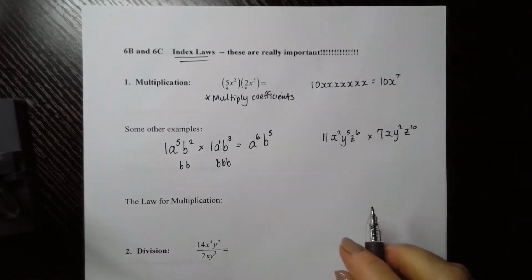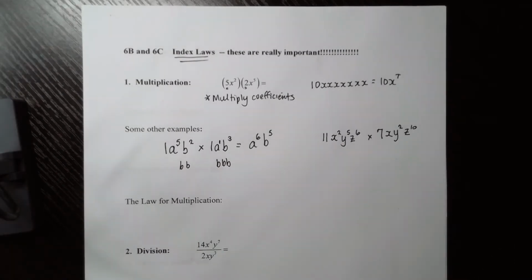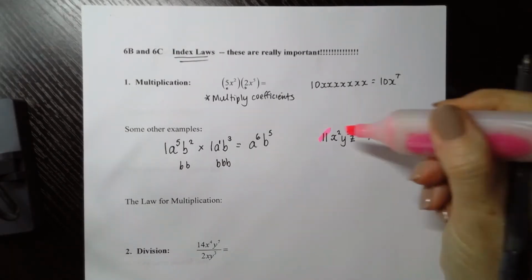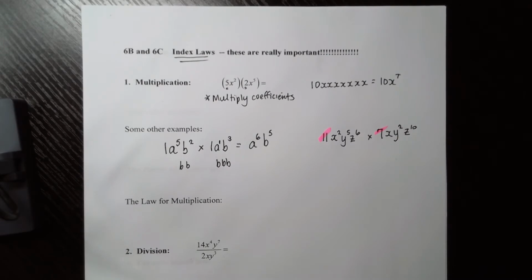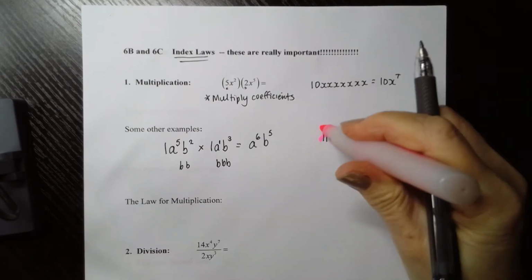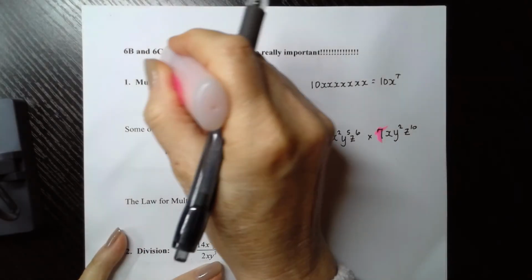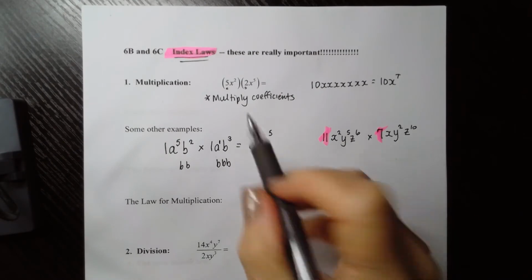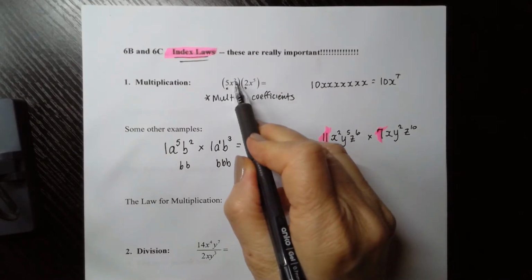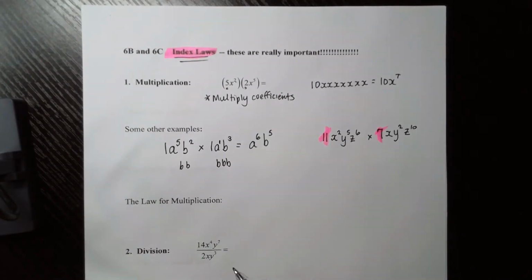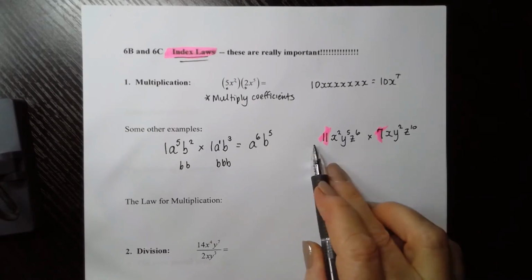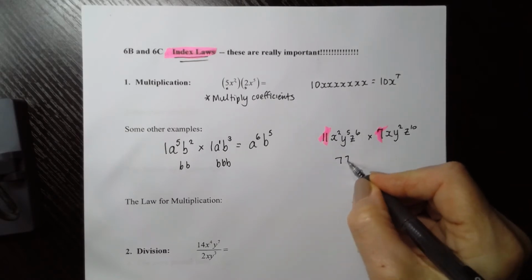The numbers at the beginning, the 11 and the 7, I have to be really careful and say, I know what 11 times 7 is, so I'm not going to make a new rule. These rules that I'm talking about are only for indices, just the little numbers that are up here. They're index laws. They're not laws for these numbers. So we know 11 times 7 is 77.